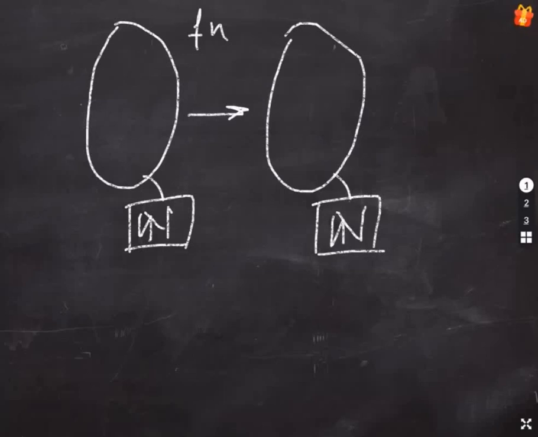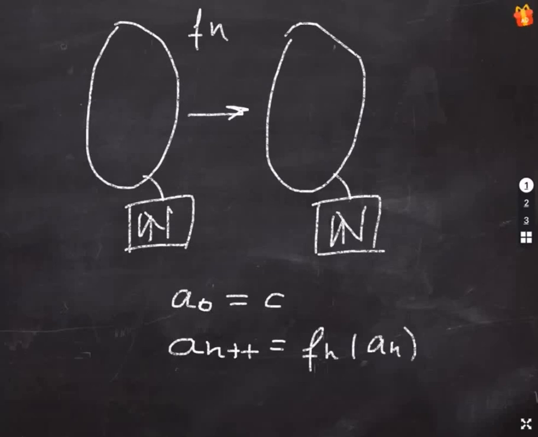Let c be a natural number. So we can assign a unique natural number, A of n, to each of the natural numbers in a way that the first in the sequence is c, and A of n plus plus is f of n acting on A of n, for each natural number n.